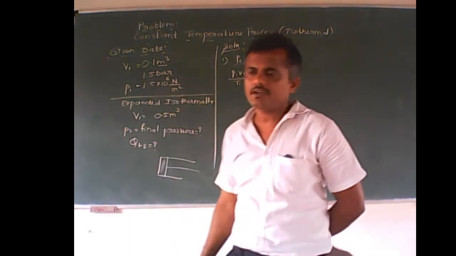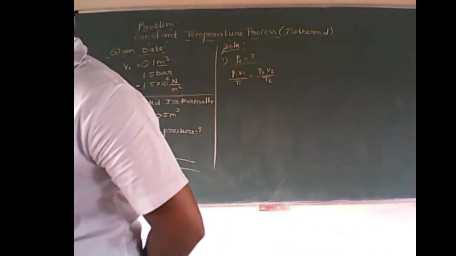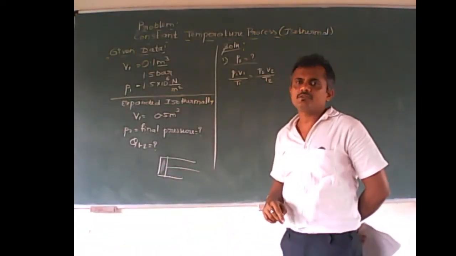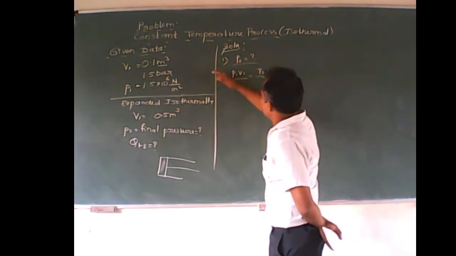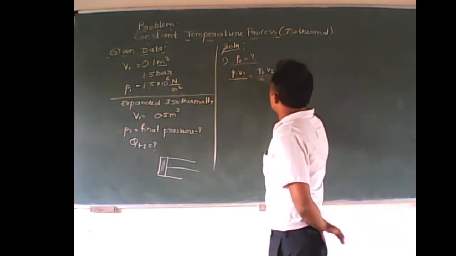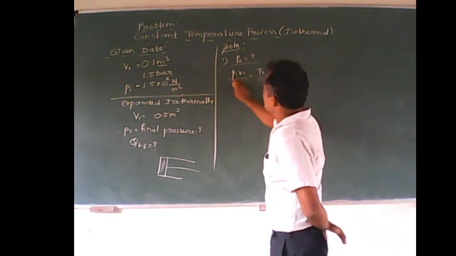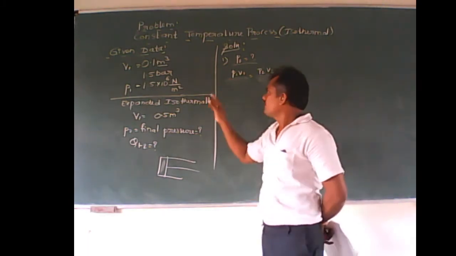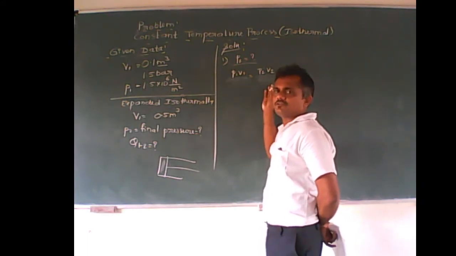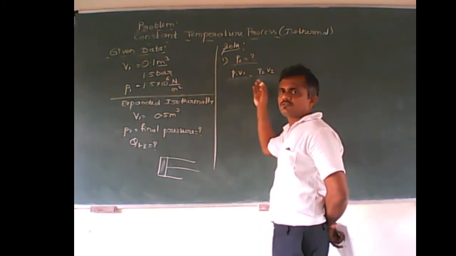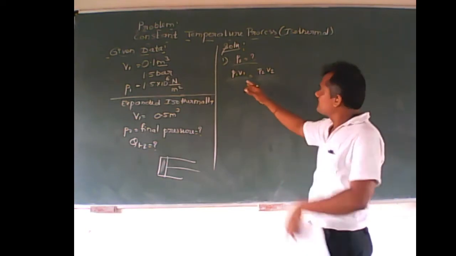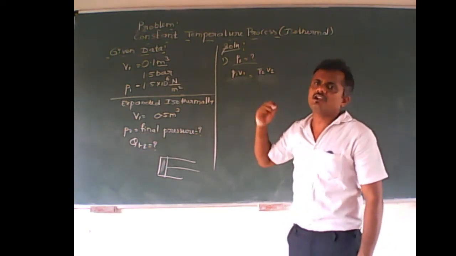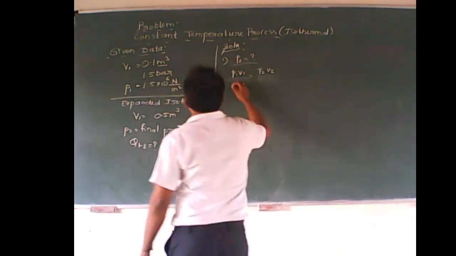Here T1 and T2 are constant, therefore I will not consider them. Even if you take T1 as 300 Kelvin, T2 will also be 300 Kelvin only. So directly you can substitute the values.